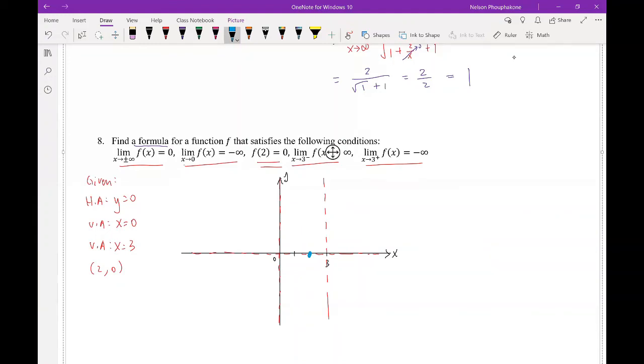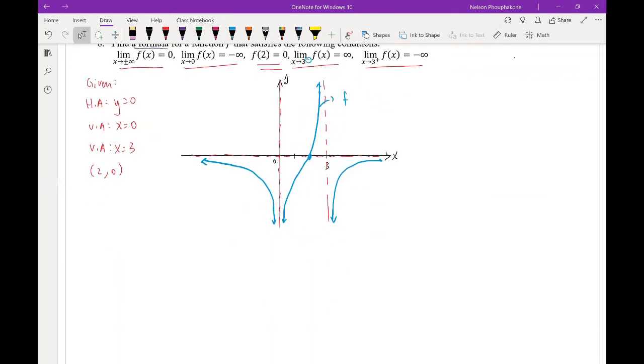The limit as x approaches 0 of f of x is equal to negative infinity. As x approaches 3 from the left-hand side it goes to infinity, and from the right-hand side it goes to negative infinity. So I need to connect from here to here, and the last one. That's it. So this is my f function.